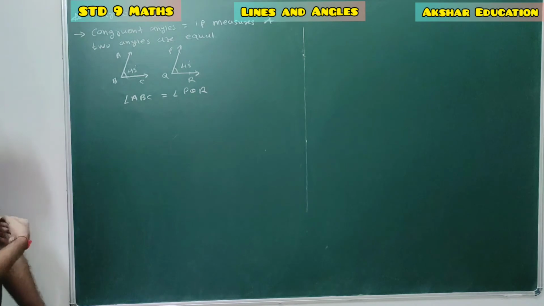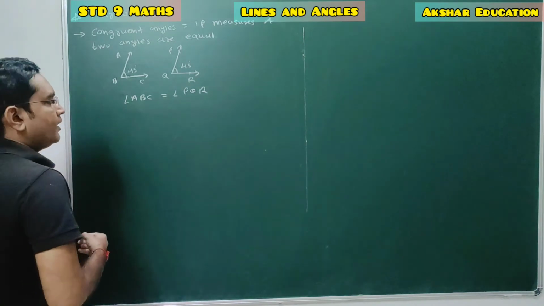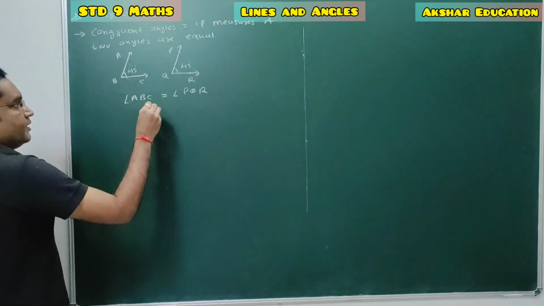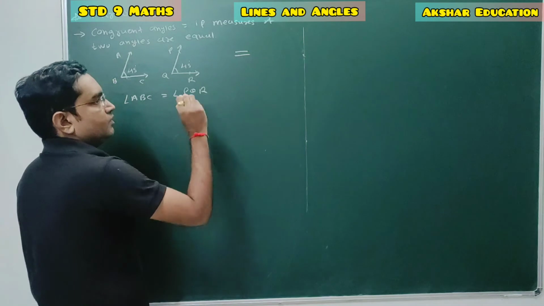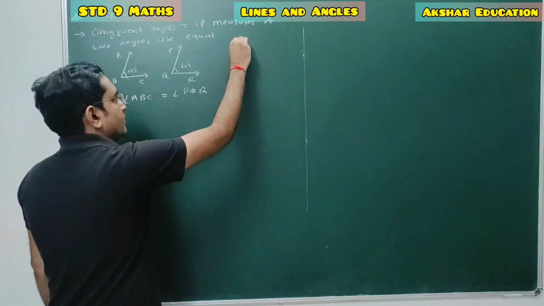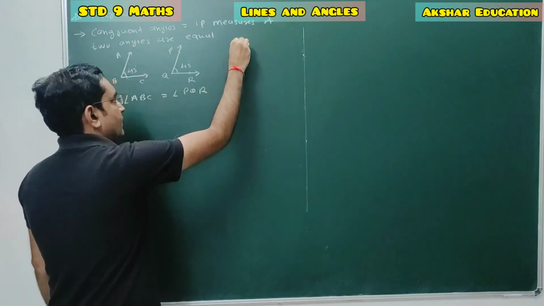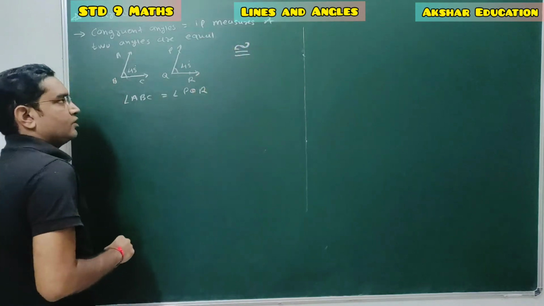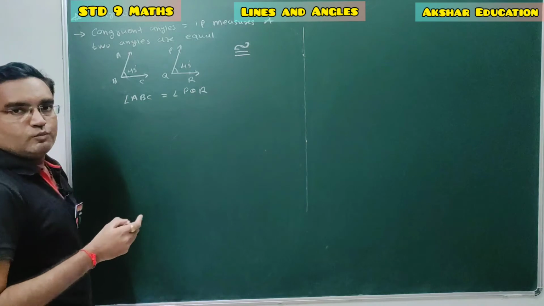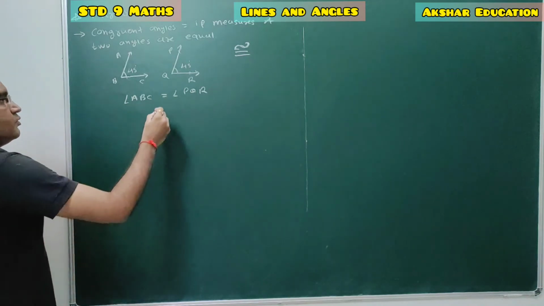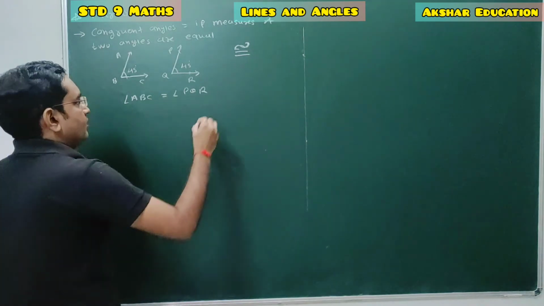The measures of both angles are equal and therefore the given two angles are said to be congruent angles, and they can be represented by this symbol, an equal-to sign with a zigzag pattern like this. So it's the symbol for congruent. So here angle ABC and angle PQR, both angles are equal. So these two angles are said to be congruent angles.